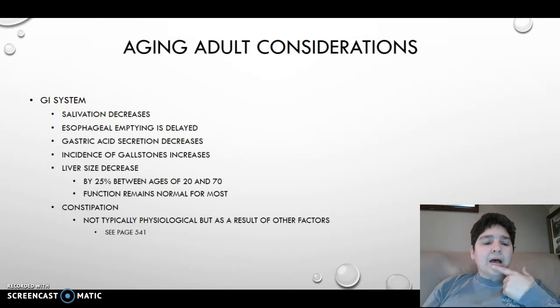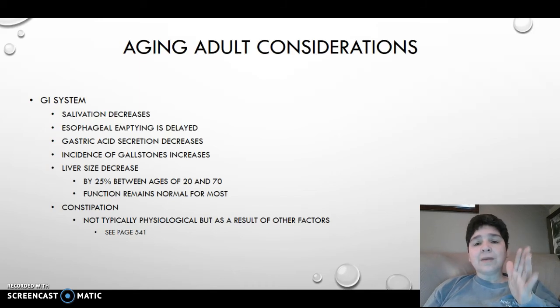The liver size also decreases with aging adults. Between the ages of 20 to 70, your liver size decreases 25%. Most of the time the function remains normal, but for some people it doesn't. Now, we know that drugs often get metabolized through the liver. Think about Tylenol.